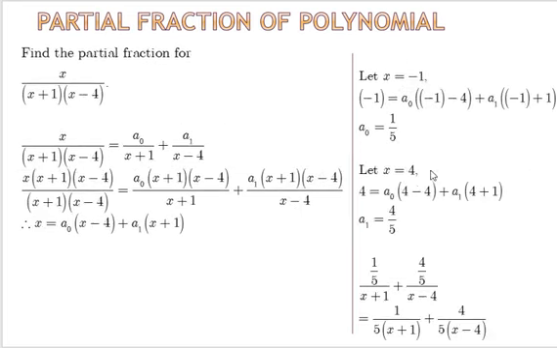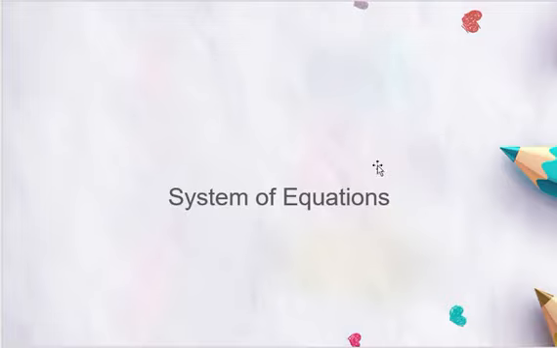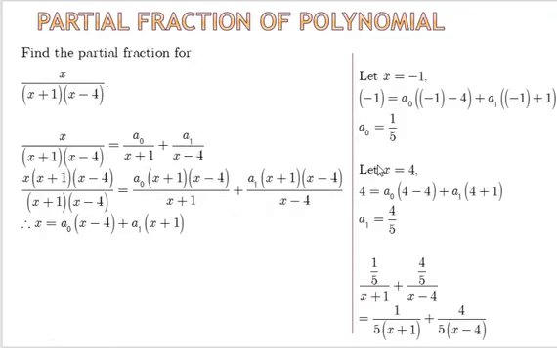Okay, so we look at the second example over here. How many examples are left? This one is quite a long one. Now we look at this second example. What we have is x on top, and we also have the same 2 terms below.